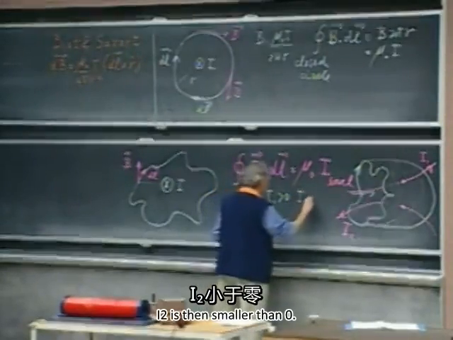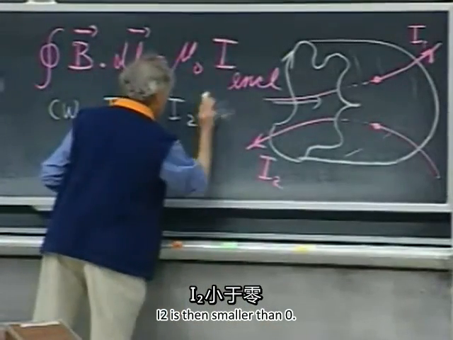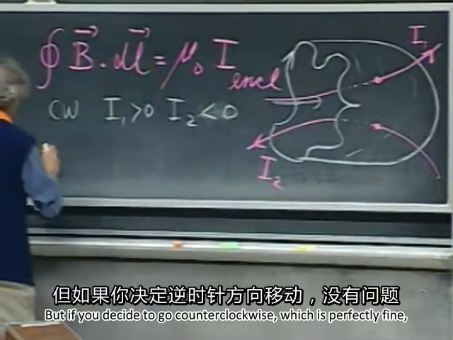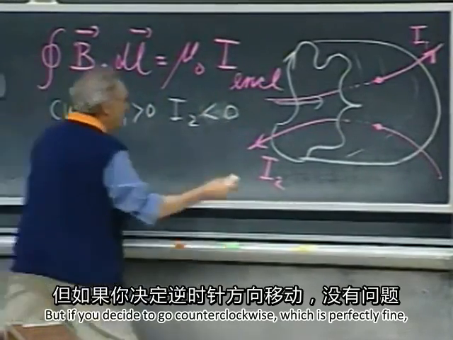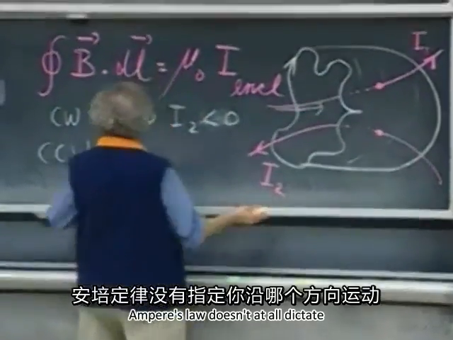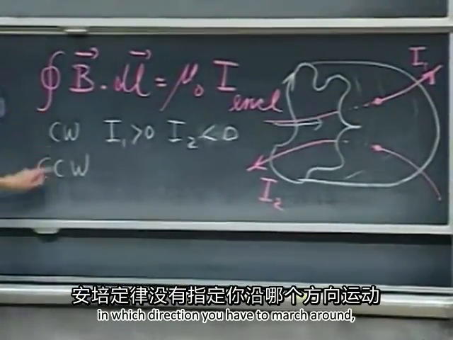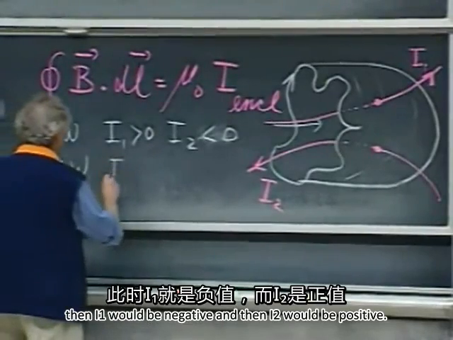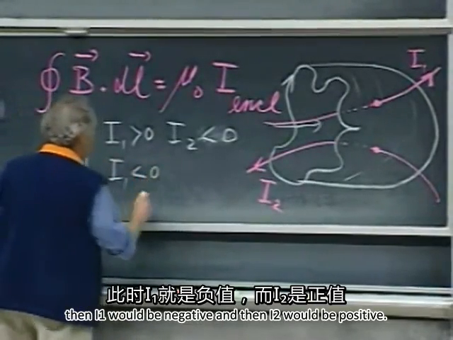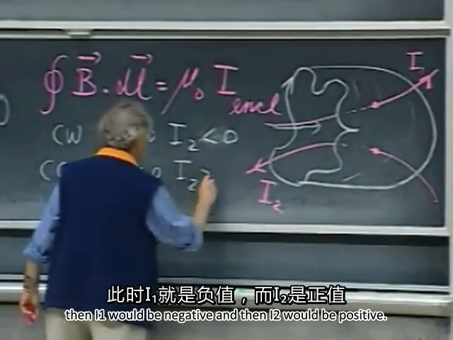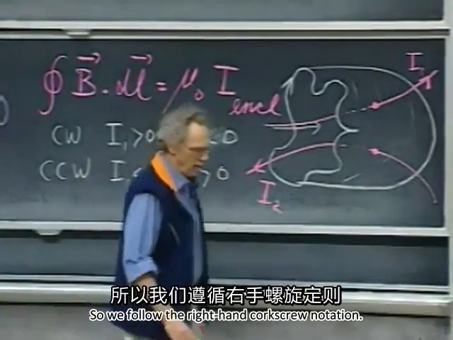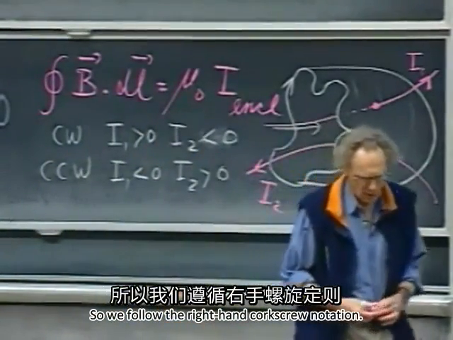I2 is then smaller than 0. But if you decide to go counterclockwise, which is perfectly fine, Ampere's law doesn't at all dictate in which direction you have to march around, then I1 would be negative, and then I2 would be positive. So we follow the right-hand corkscrew notation.